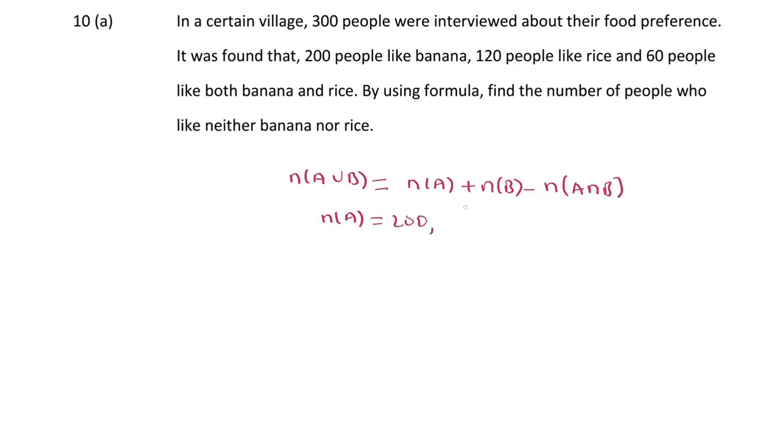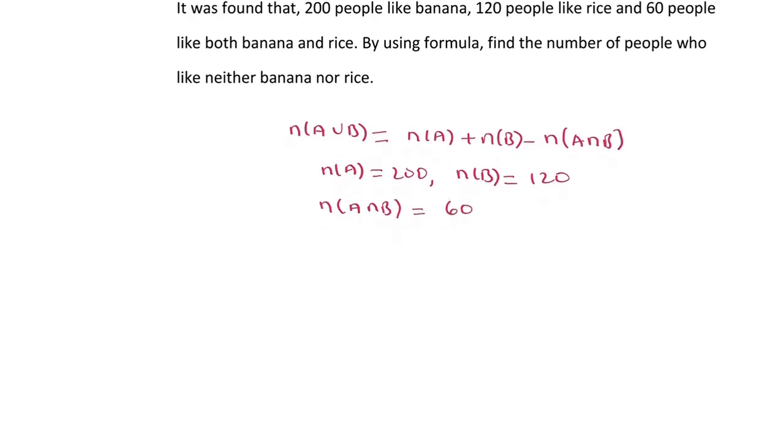And also 120 people like rice, so we say number of B equals 120. Then we have 60 like both banana and rice, so number of A intersection B equals 60.